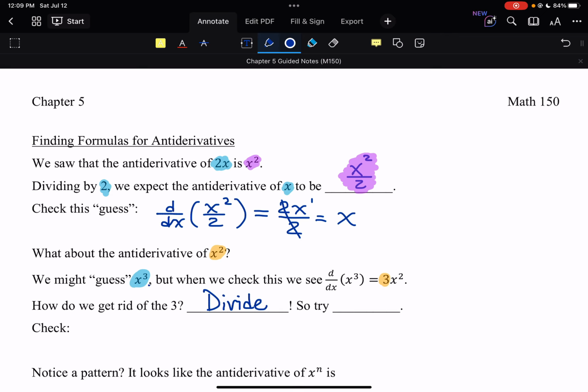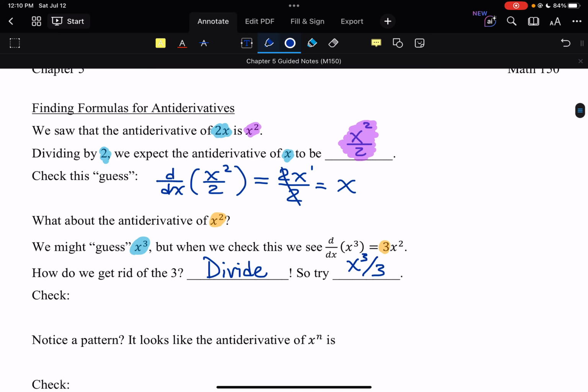I suspect it would be x cubed, but if it's x cubed, then we get this extra 3 that shouldn't be there. So what we can do is just divide both of those by 3. That one becomes the x squared that we want. And what we have over here is x cubed over 3. That's what we're going for. So try x cubed over 3.